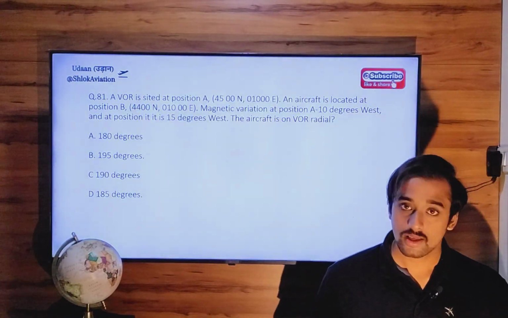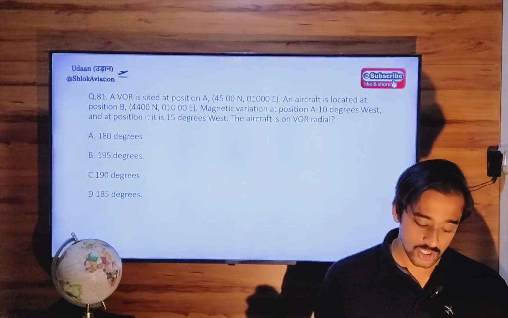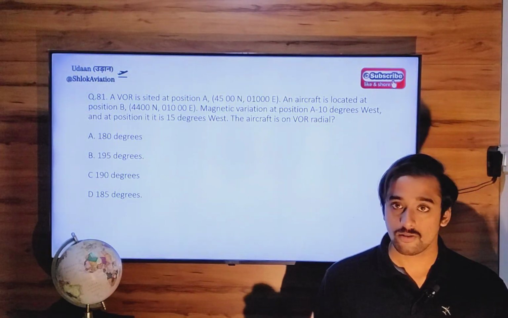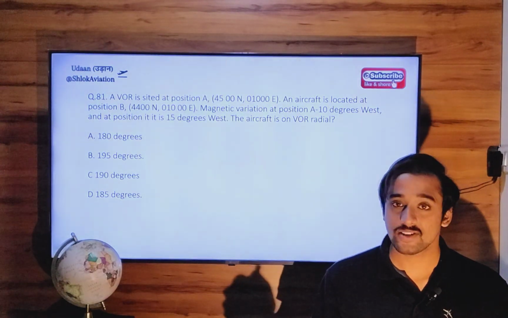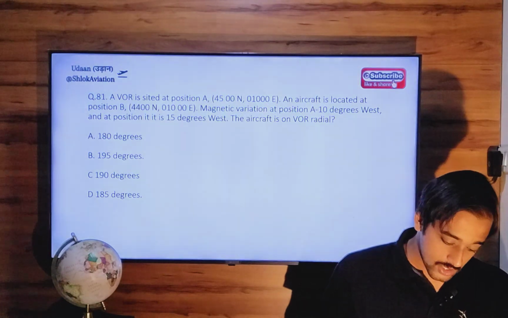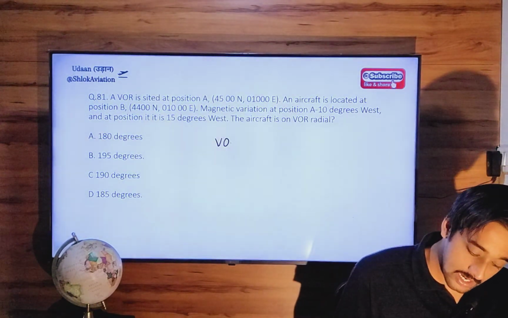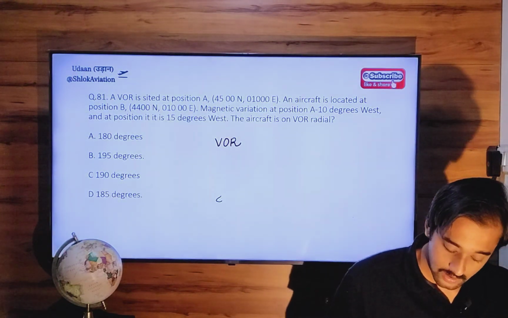Question 81. A VOR is sighted at position A. An aircraft is located at position B. Variation at both places is given to you. What is the radial on which aircraft is situated? So VOR is directly to the north of aircraft, right?